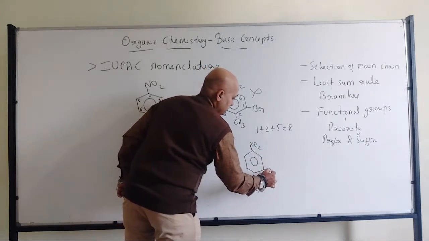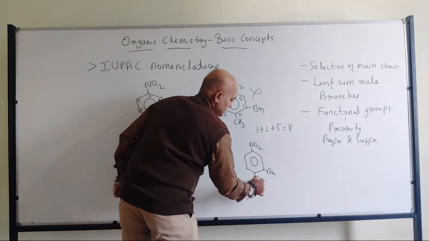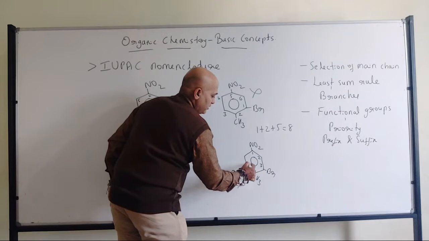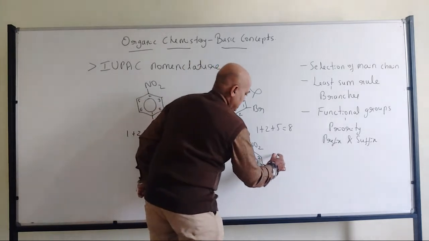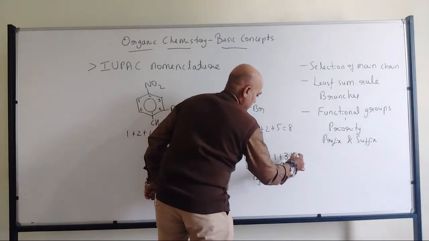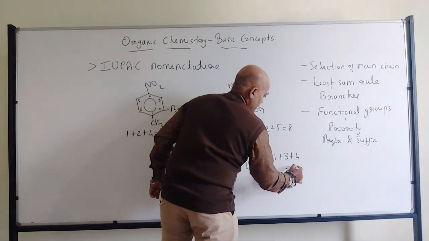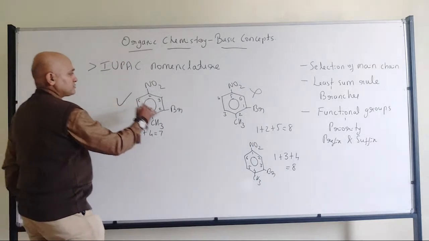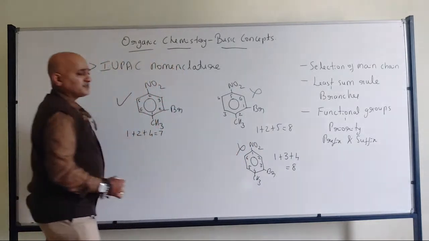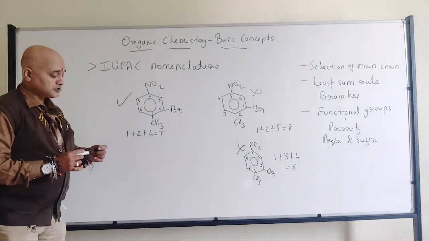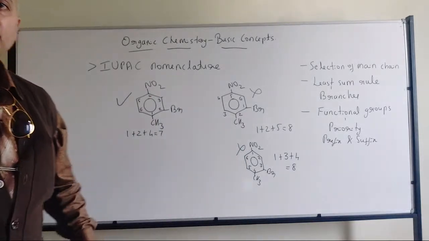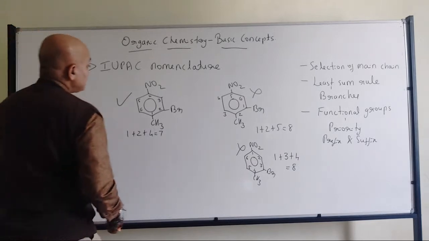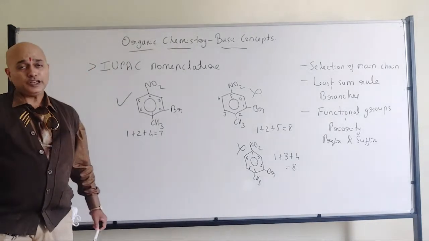Same way I will use another one. NO2, Br, CH3. If I start from here, 1, 2, 3, 4, 5, 6, in that case 1 plus 3 plus 4 is 8. So the least number rule will be followed. So this is also wrong. So numbering has to be done like this. Fine. So if that is the case, now we have to name the molecule.